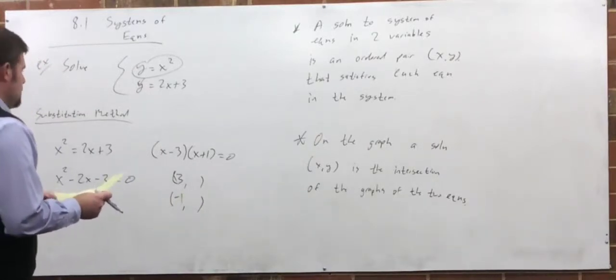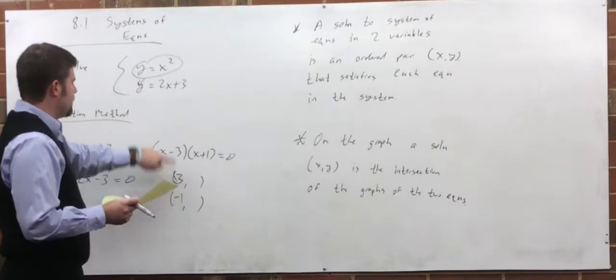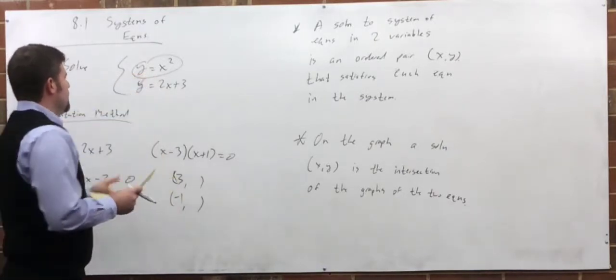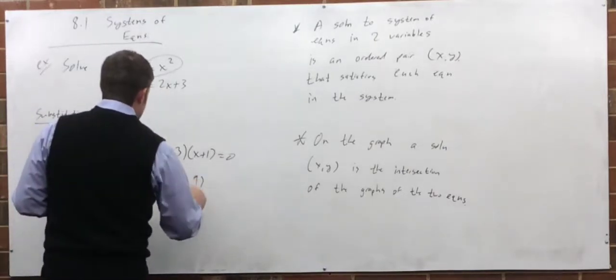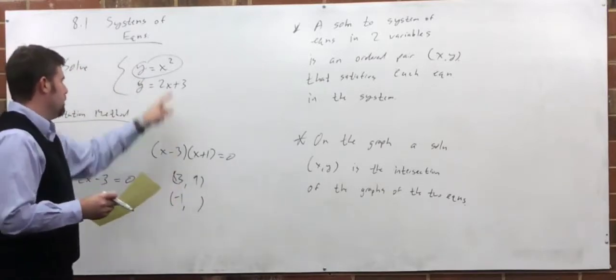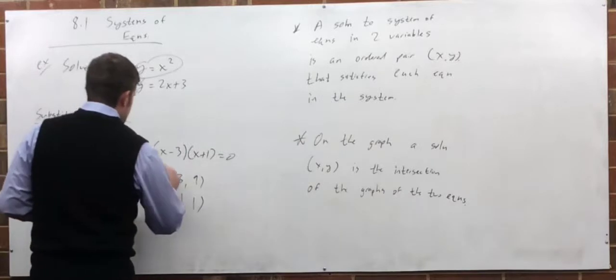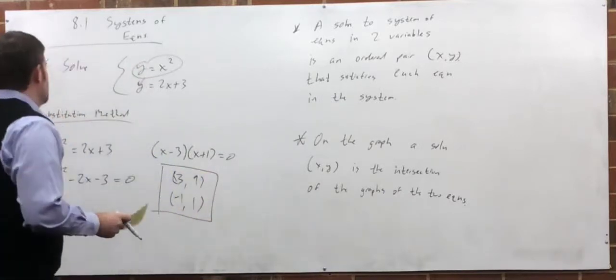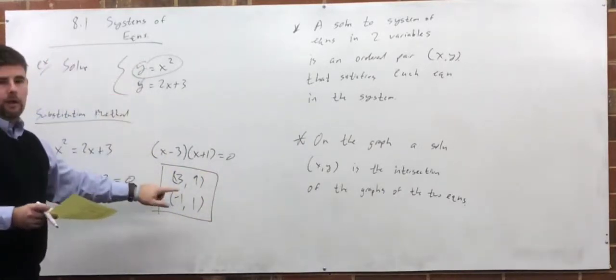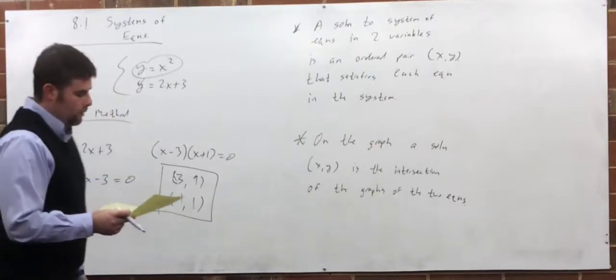So we can plug these back in. You plug 3 back in for x, and you see that y will give you 9. You plug negative 1 back in for x, and you'll see that you get a positive 1. So the solutions for this system of equations are (3, 9) and (negative 1, 1).